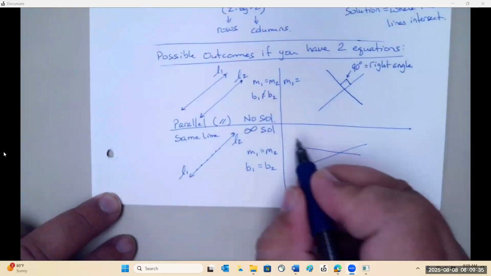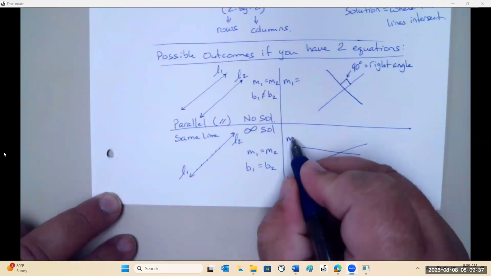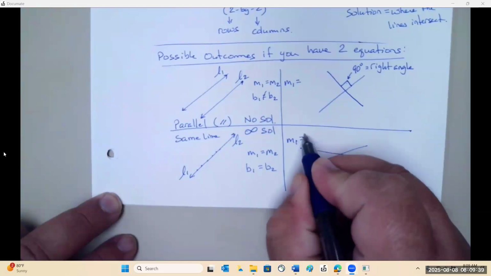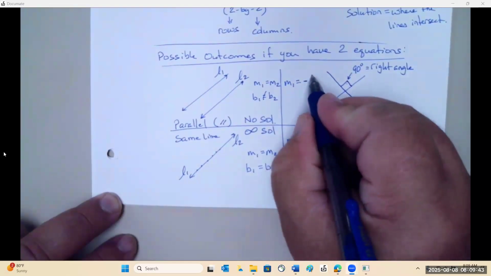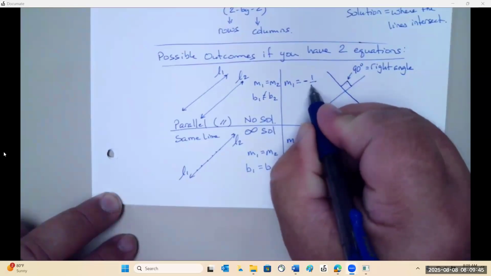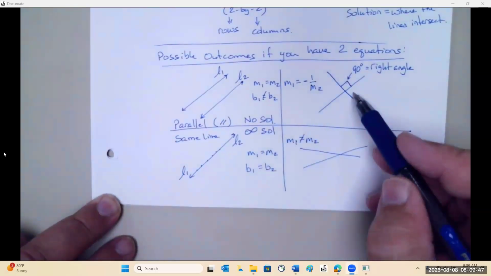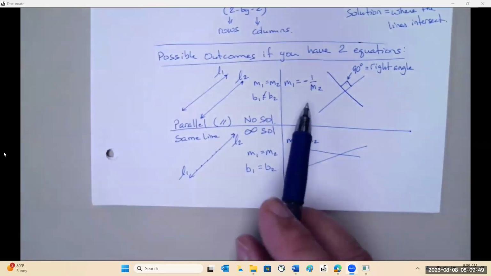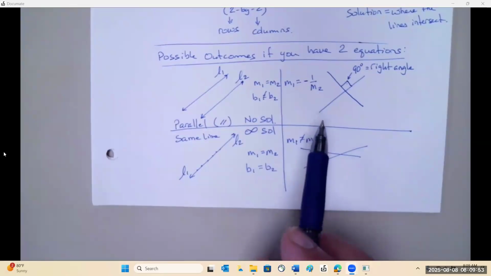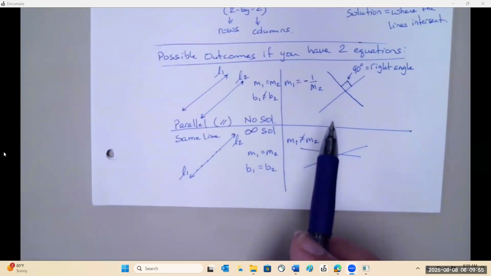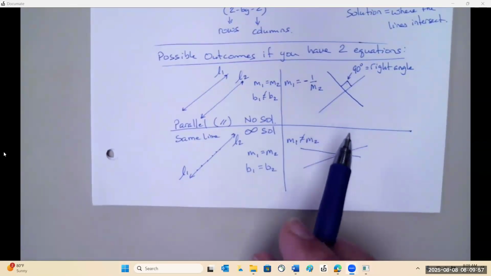The difference is if it has a 90-degree angle, that means the slopes have different signs and they're reciprocals of each other. They're flips of each other.